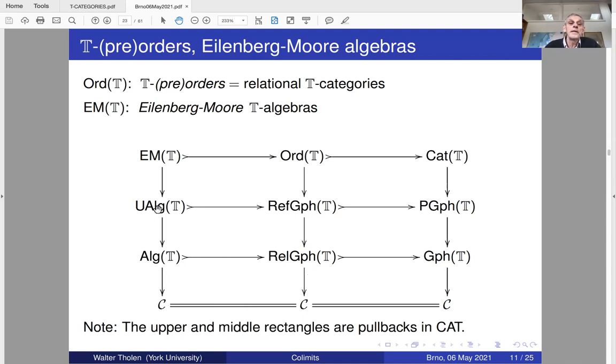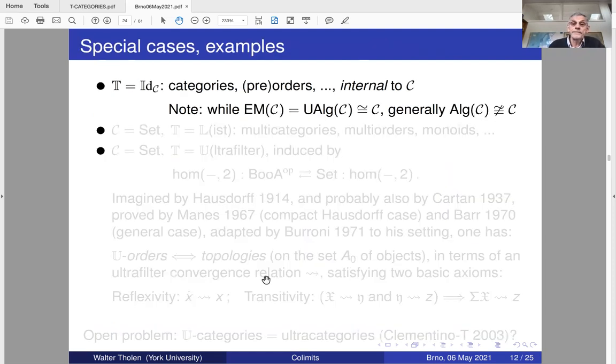And here is the algebra side. There are lots of connections between these categories. You can ask a student to work out all the existence of left adjoints and other things. There's lots of room for playing with these things.